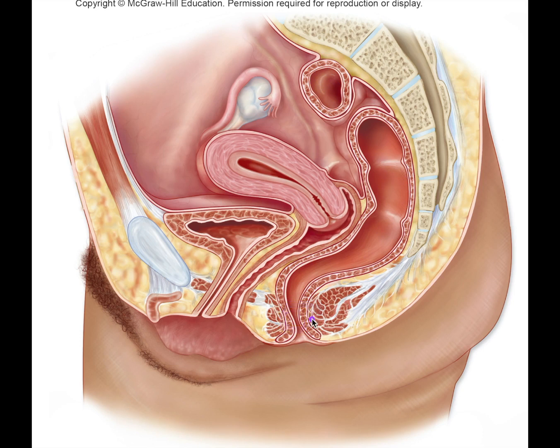And what else can we see on this picture? This is a ureter that is embedded. The kidneys and ureters are considered to be retroperitoneal, so they're buried underneath the peritoneum in the back.